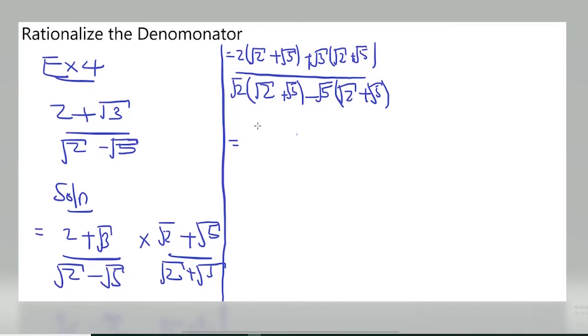Okay, then I need to, okay, 2 times 2, and it is 2 root 2, then plus 2 times root 5, then it is 2 root 5, then plus root 3 times root 2, this one is equal to root 6, then plus root 3 times root 5 is equal to root 15. Okay, yes, root 15.